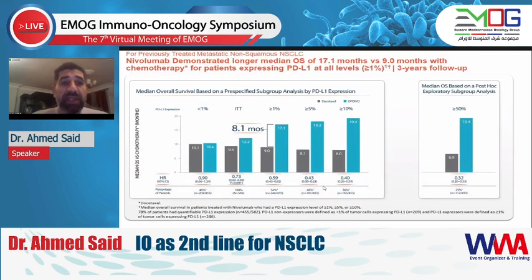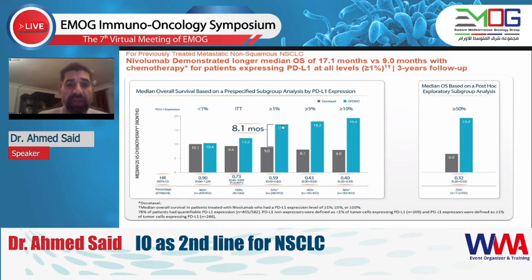So for previously treated metastatic non-small cell lung cancer, nivolumab demonstrated a longer median overall survival of 17.1 months versus 9 months with chemotherapy for patients expressing PD-L1 more than 1, at 3 years follow-up. Even in the less than 1%, we can see 10.4 months versus 10.1, and the intent-to-treat population here is 12.2 months versus 9.4 months.